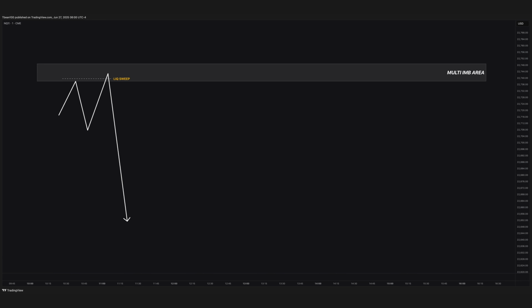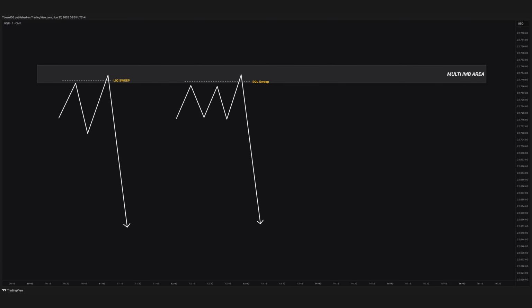In the multi-imbalance area, price sweeps the inner liquidity and crashes suddenly. This is a simple form. The stronger version is the equal highs or lows version. Price creates these perfect equal levels right around the multi-imbalances and sweeps them before the big movement.